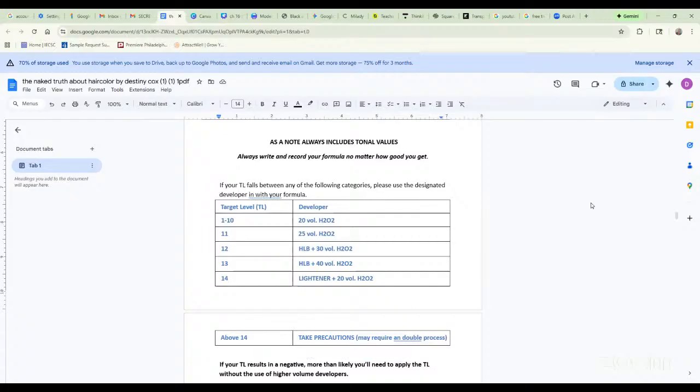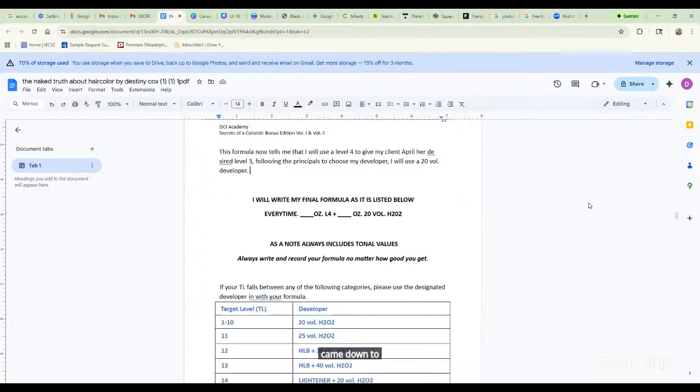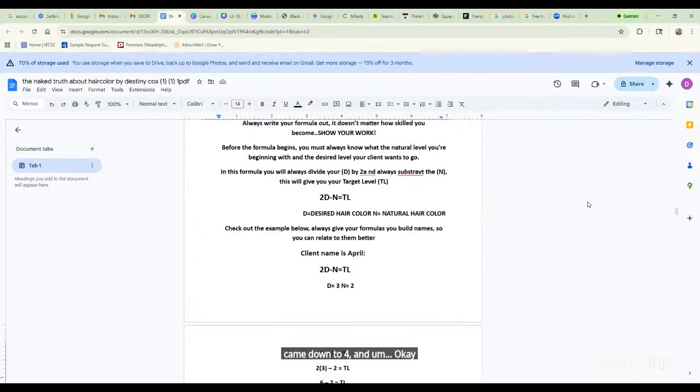Now, I saw Tara and Paul walk through an example. The client name was April. Her level came down to 4. And okay, we're always going to show our work.